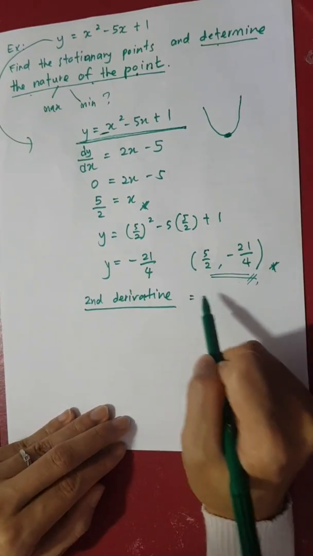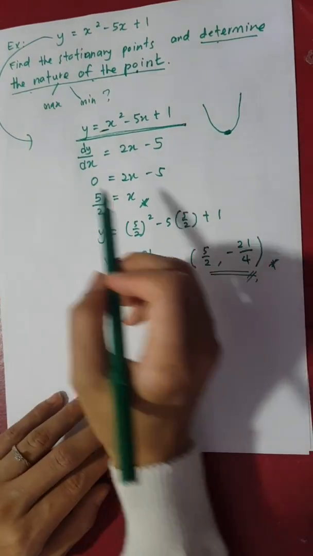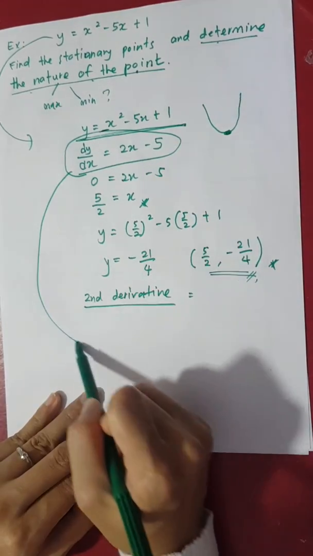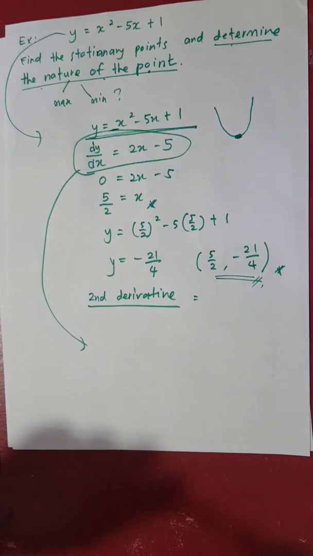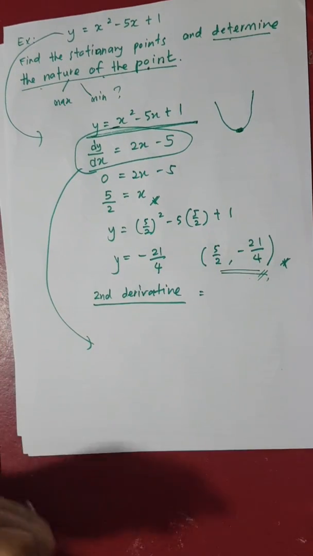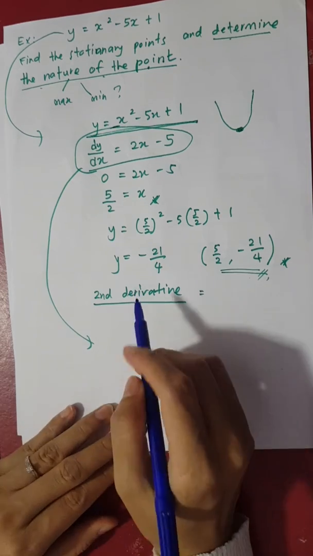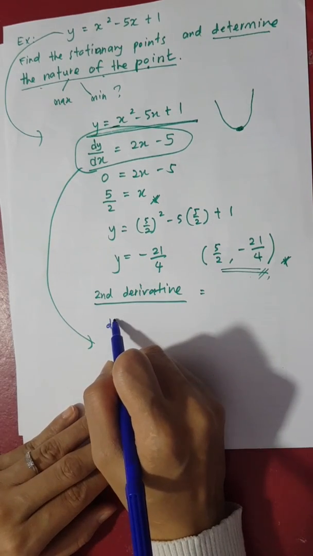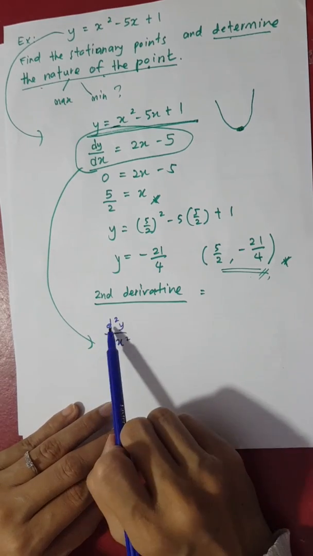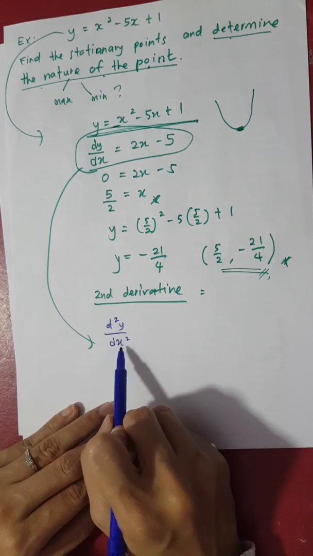Second derivative is actually you differentiate one more time. So just now we already differentiated once. Now we're going to differentiate the equation again. We call it the second derivative. The symbol of second derivative is d squared y over dx squared. It means we differentiate y one more time with respect to x.